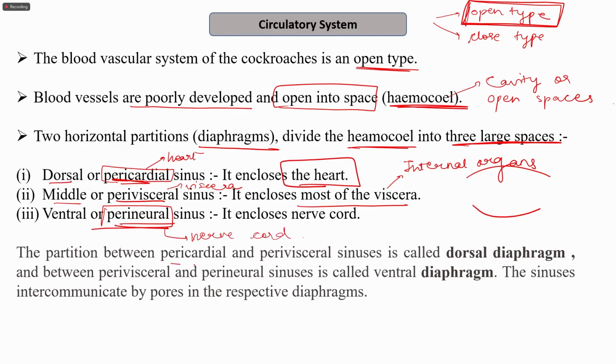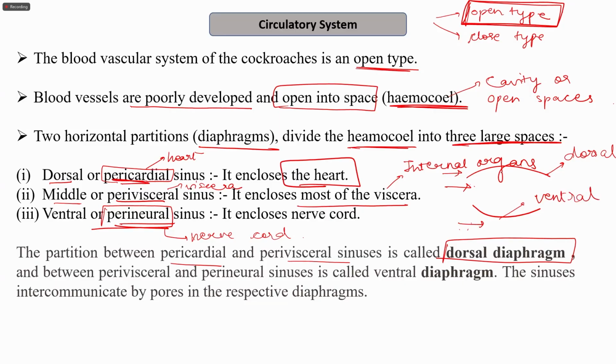The partition between pericardial and perivisceral sinuses is the dorsal diaphragm. As I mentioned, there are two diaphragms. And the partition between the perivisceral and perineural sinuses is the ventral diaphragm.